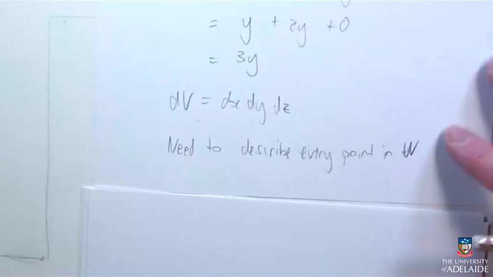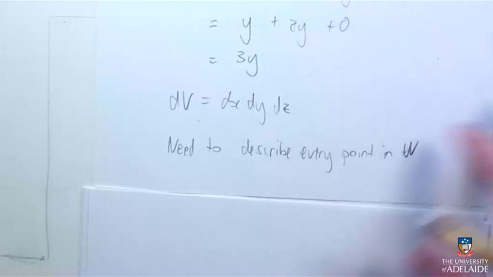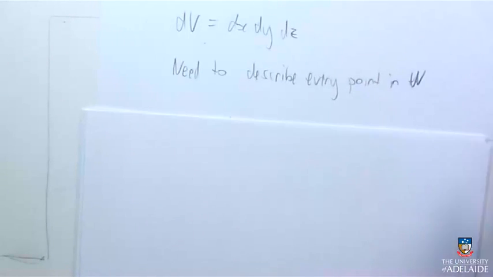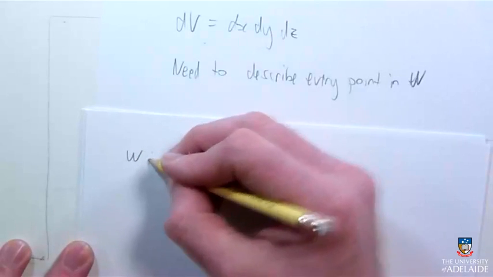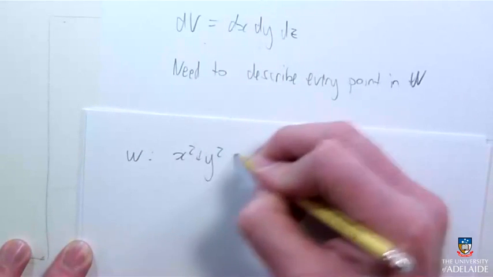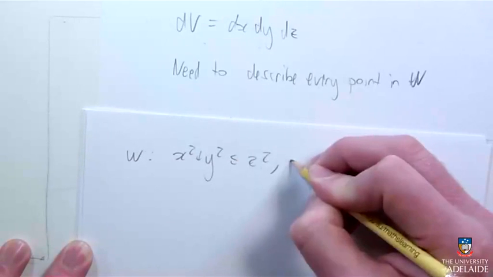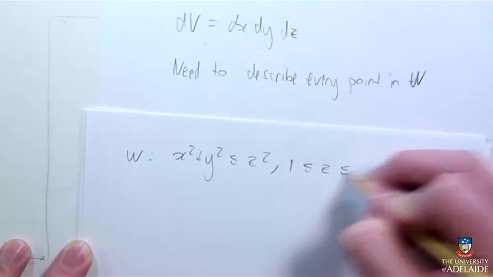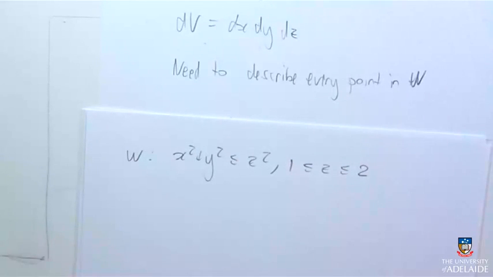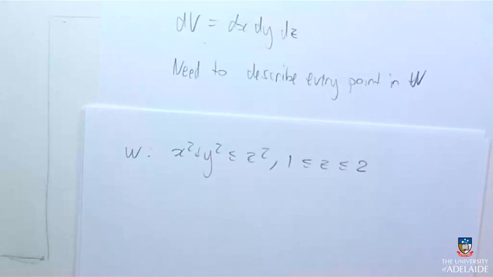Okay, so at the moment, I should really just imagine what that volume actually is. So let's see, just so that we know, W is x squared plus y squared. Now I know that if x squared plus y squared was equal to z squared, that would be a cone. That's from Maths 1B.